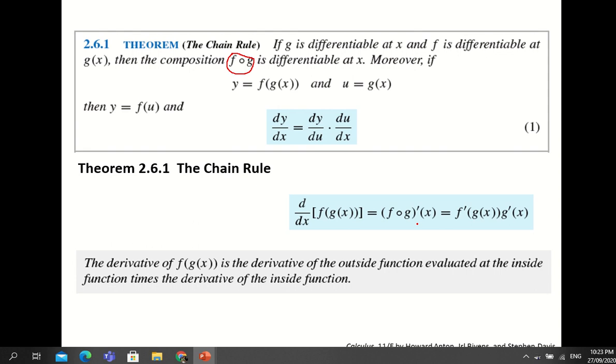So you can do it in words: the derivative of f(g(x)) is the derivative of the outside function evaluated at the inside function, times the derivative of the inside function. So what is the inside function? This one, right? The outside function is the f.